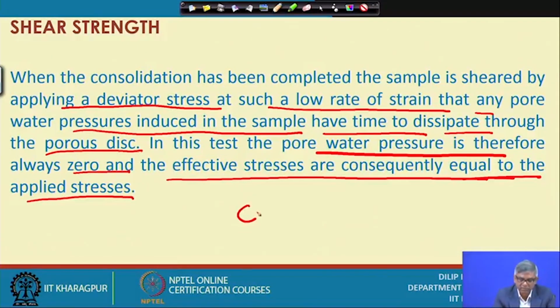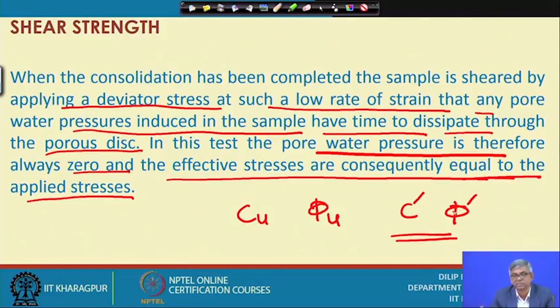When it is total stress, the parameters are C u and phi u, and when it is effective stress, they are C dash and phi dash. For the consolidated drained test, sometimes we also call it C D. So, drained test gives C dash and phi dash.